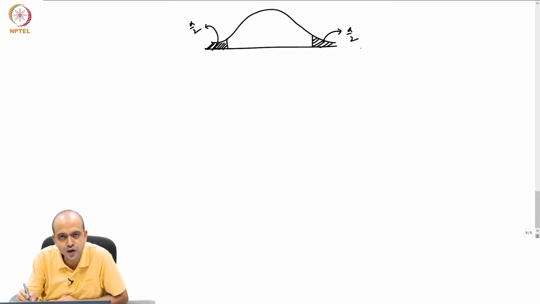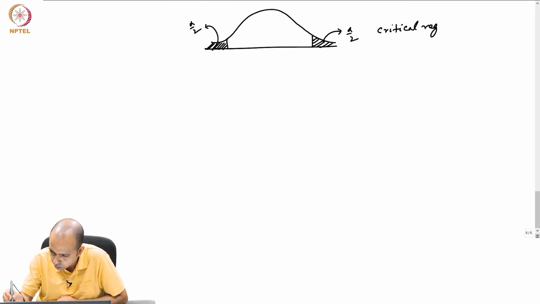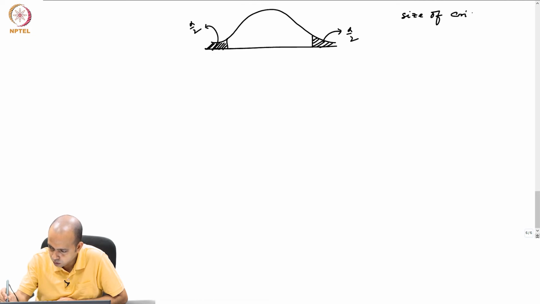While these two are called critical region, how the critical region and level of significance is related, we say that size of the critical region, I will write here, size of the critical region is called level of significance.